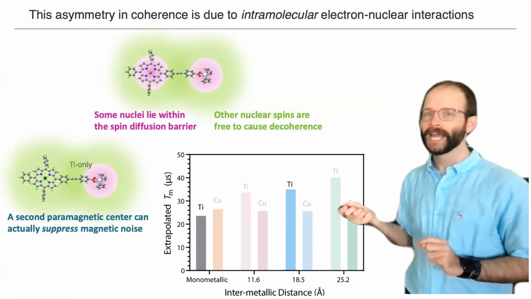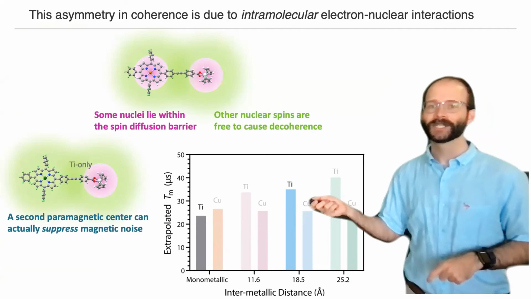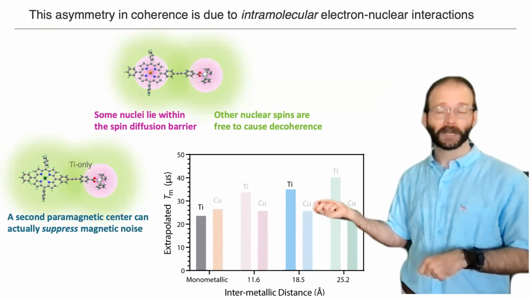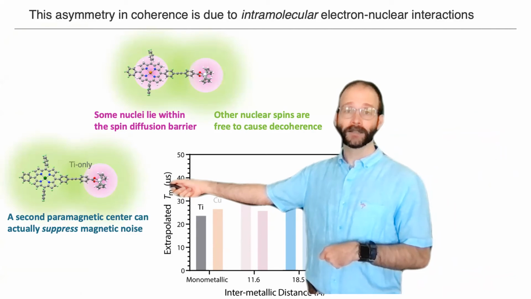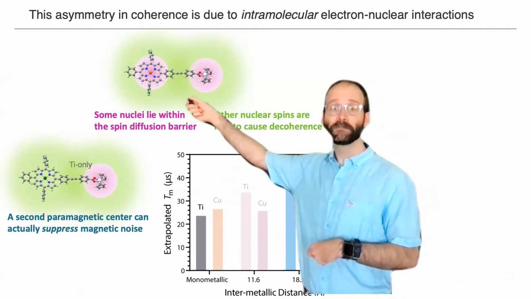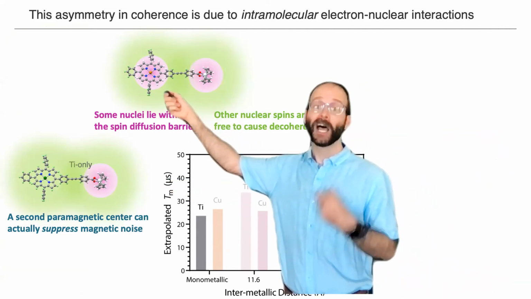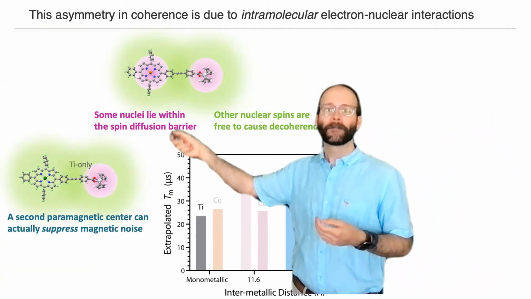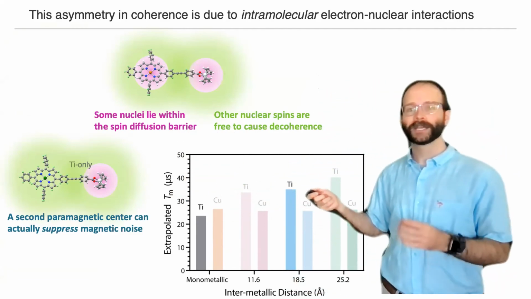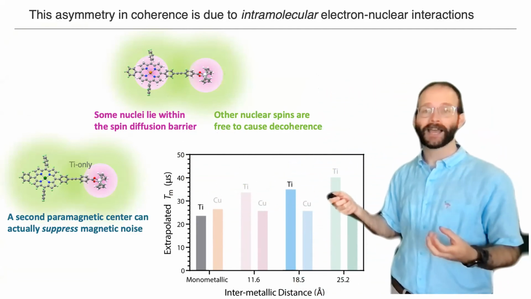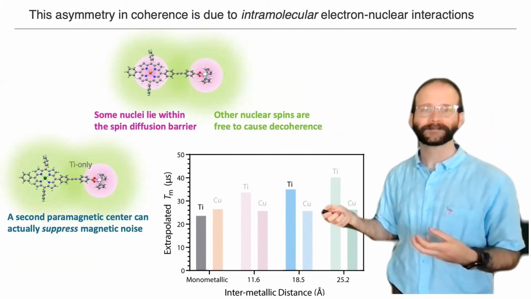Also, really interestingly, if we compare the titanium only to the titanium copper complex, we see that even though we've taken this titanium complex and added a big source of potential magnetic noise, another electron spin, it actually decreases the amount of magnetic noise produced because it attenuates the influence of the nuclei, which end up being dominant.